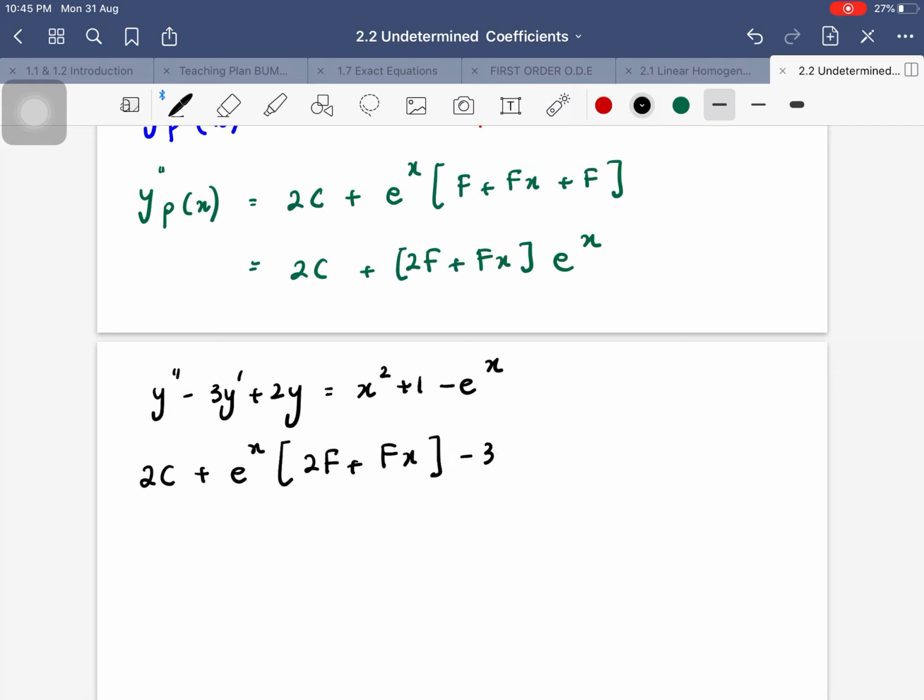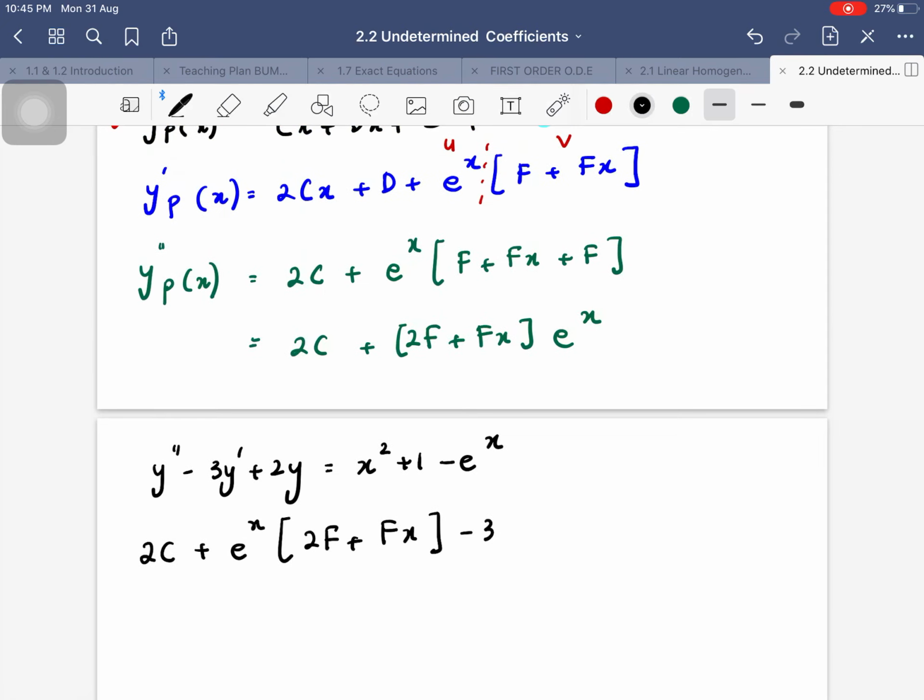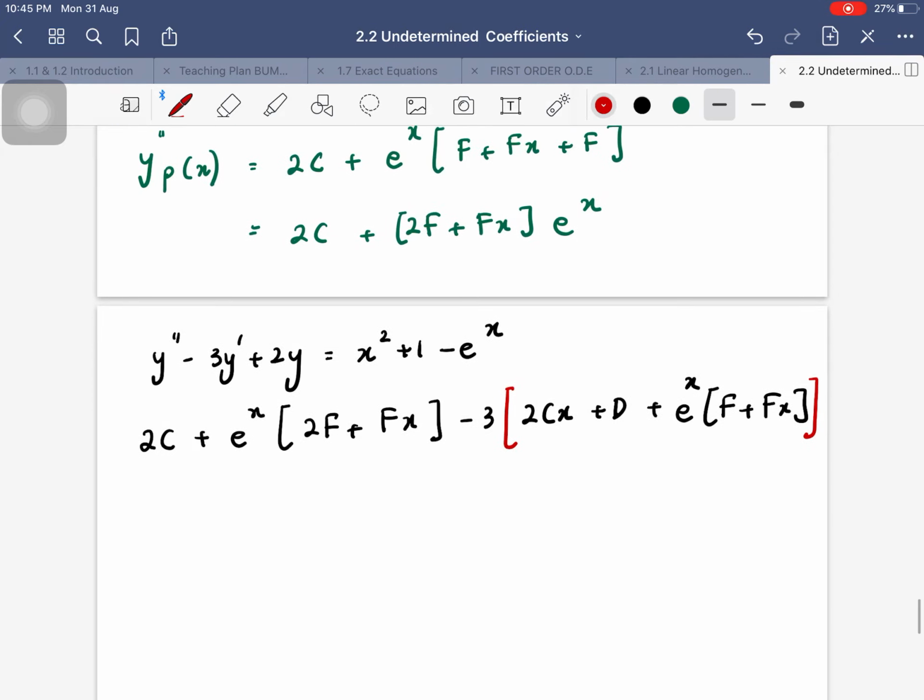So minus 3 times y prime. Let me put a bracket around my y prime, which is given by 2cx plus d, and then plus exponential of x multiplied by f plus fx. Do not forget about the constant minus 3 when you multiply later.